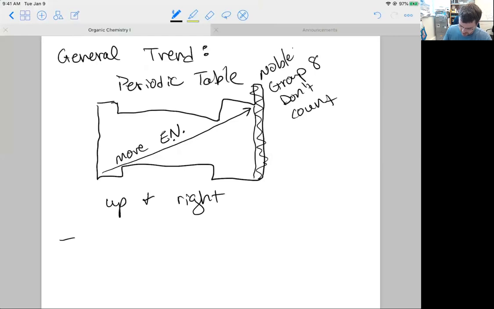Here's the issue. I had that trend on the previous page: H is approximately equal to C. It turns out that H is way over here, and C is sort of in here.